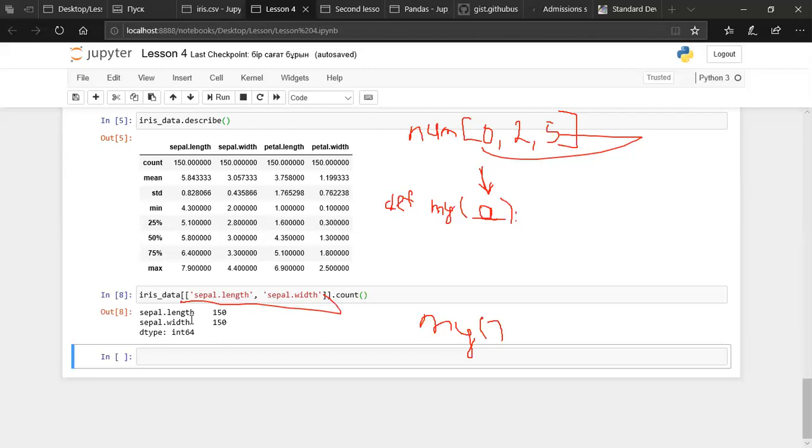So for example, when you write my and then 1, it will work, because you provided an argument. What if you write my with 1, 2? What will happen?